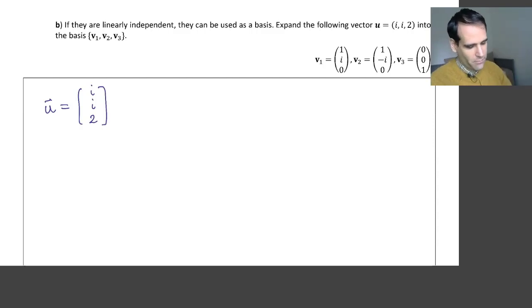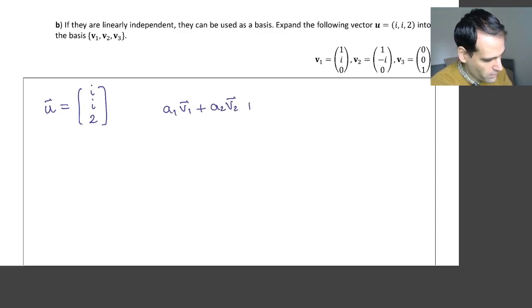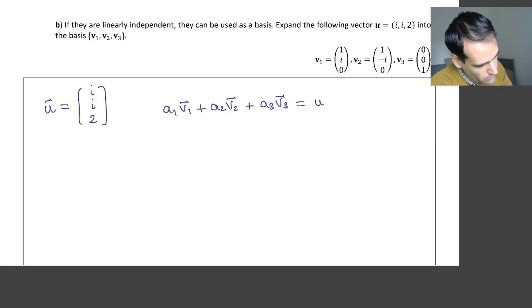Well, you know that expanding a vector into a basis is solving a system of equations. So this time we need to solve a1 times v1 plus a2 times v2 plus a3 times v3 equals u.